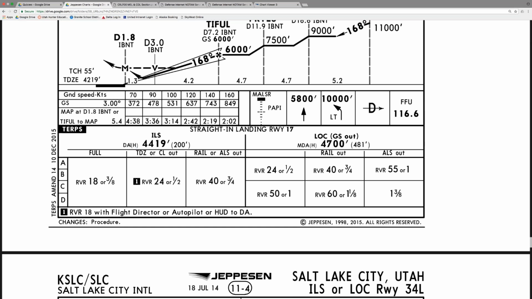So if we look at the DA here, decision altitude, the decision altitude is going to be this first number, and that's always MSL. Now, if we switch the DA for DH, the H in parentheses, then that's the decision height, or height above the ground, which would be 200 feet above the ground, which is your AGL. Does that make sense?